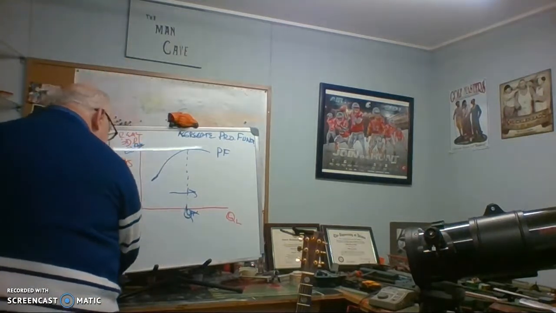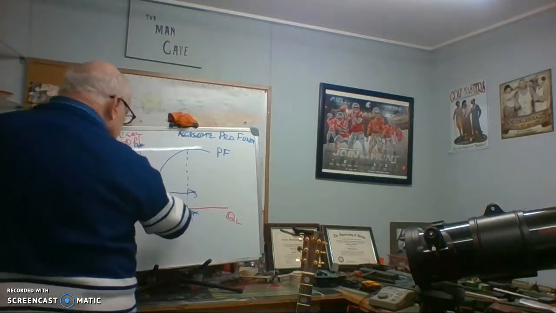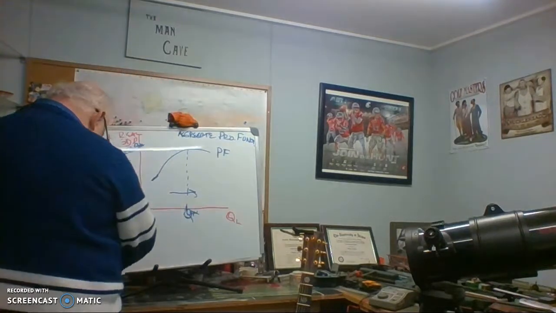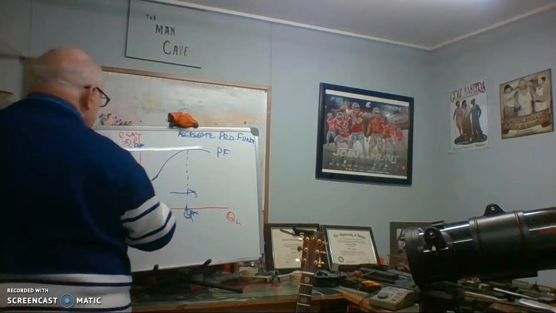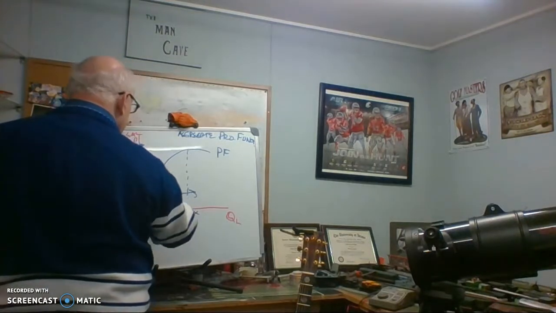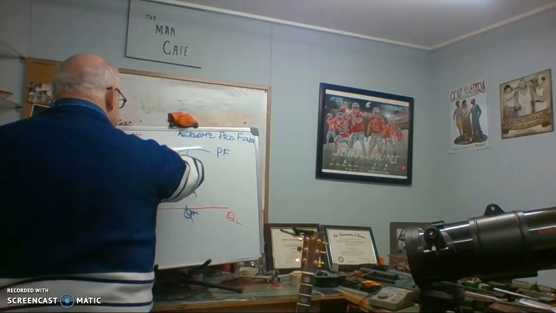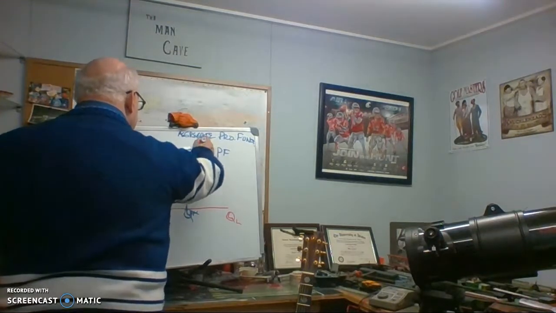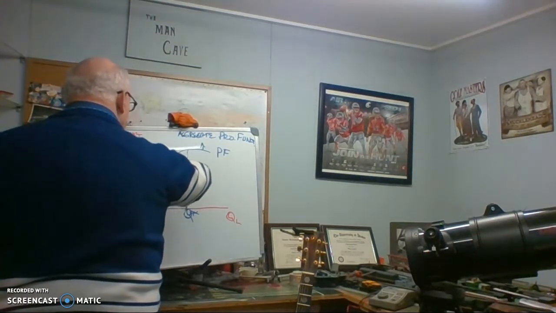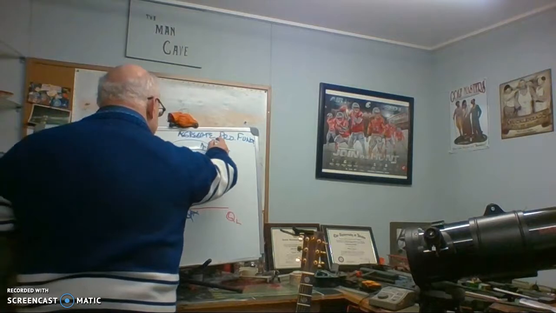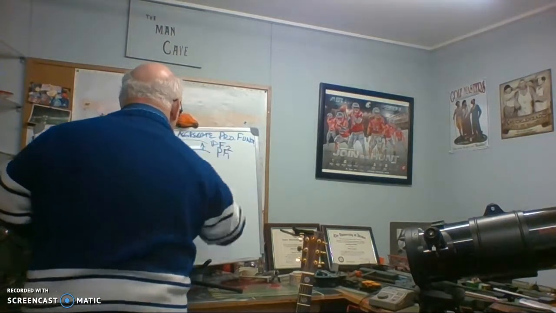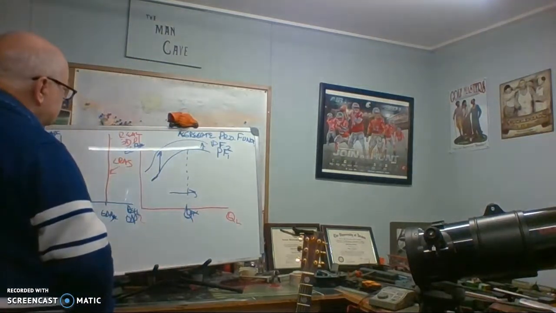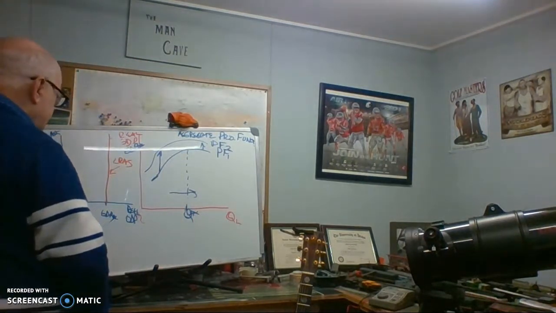So at every level of labor, the production possibilities, the economy can produce more. So what that means is that the production function will move up. Still be the same shape. Let's see, that's 1 and 2. So the production function moves up, okay?